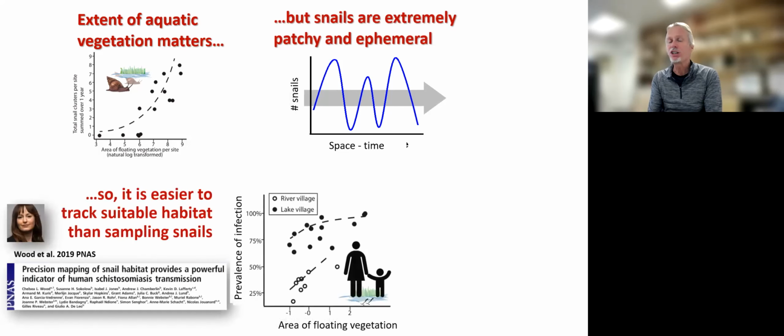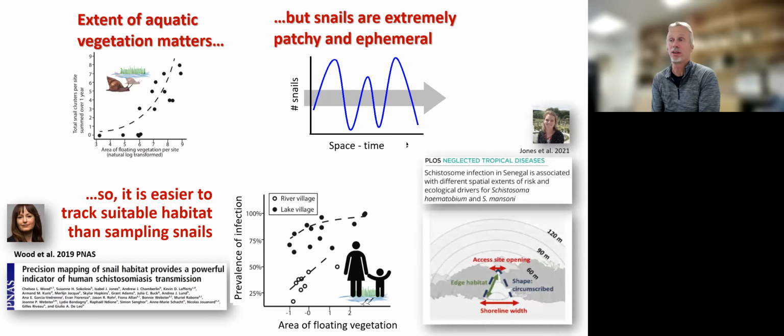But it was much easier, in fact, to track suitable habitat than to sample snails in the field. And so by looking just at the area of floating vegetation, it was possible to provide a good explanation of village to village variation in the level of transmission and reinfection.